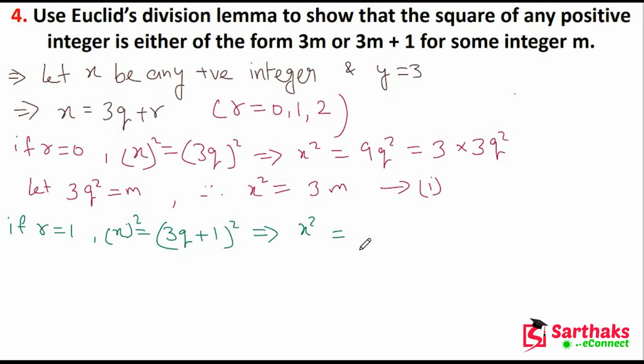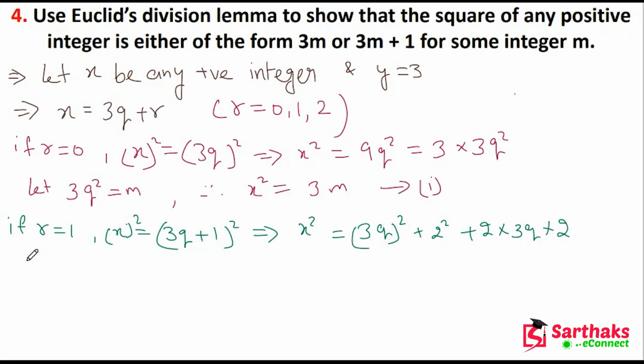So it becomes (3q) square plus b square plus 2ab, where 2ab means 2 into 3q into 1.